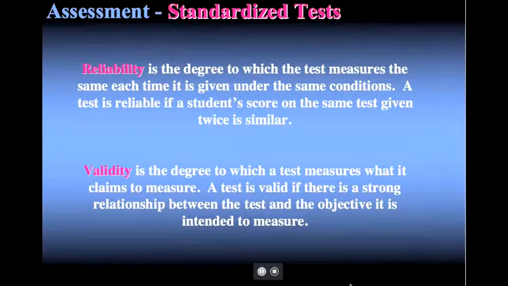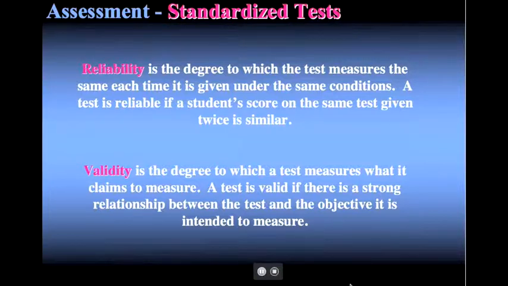And typically, as you look at tests, you want to hopefully have high reliability, which is a term meaning the degree to which the test measures the same each time it's given under the same conditions. It's reliable if the kid's score is the same when the test is given twice.